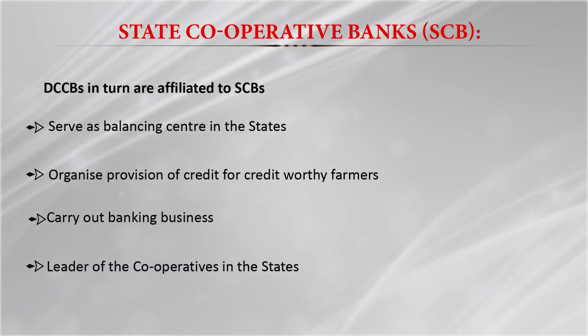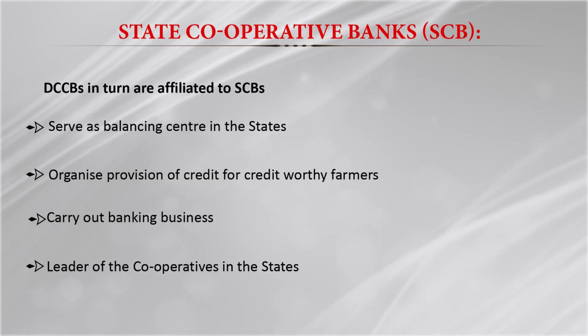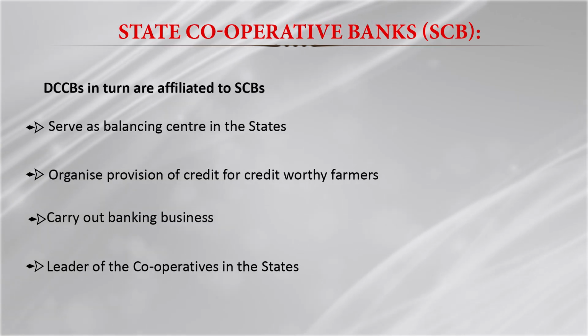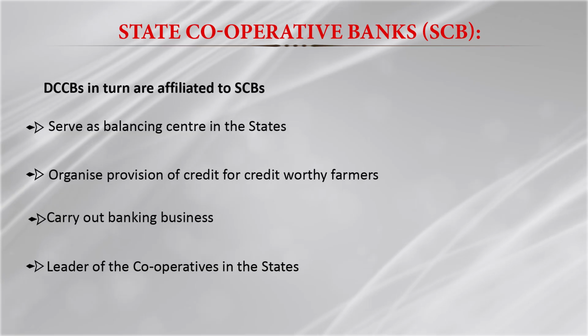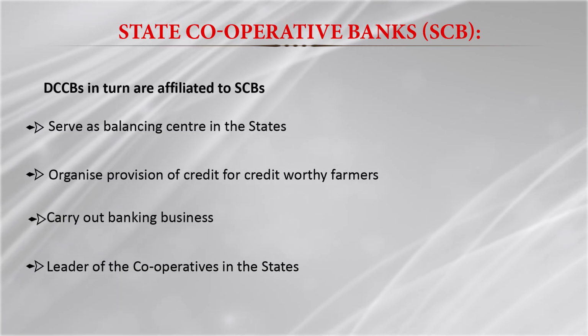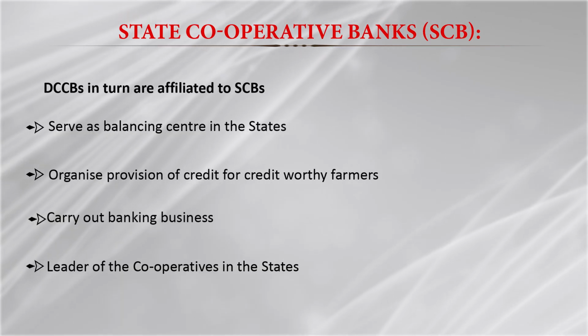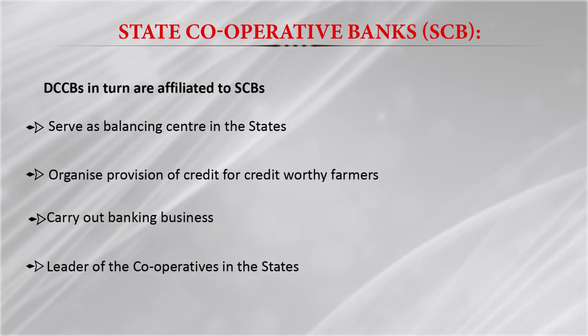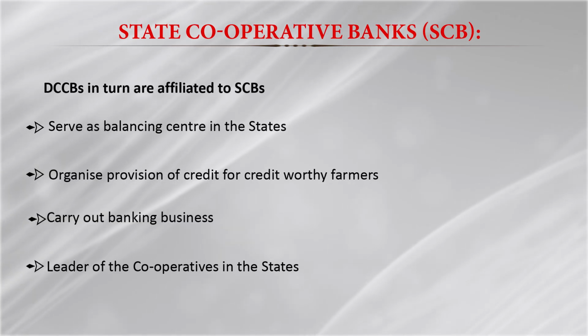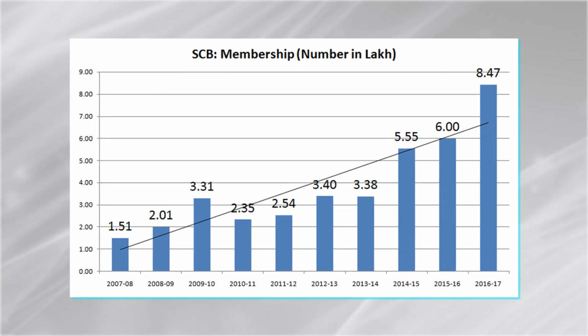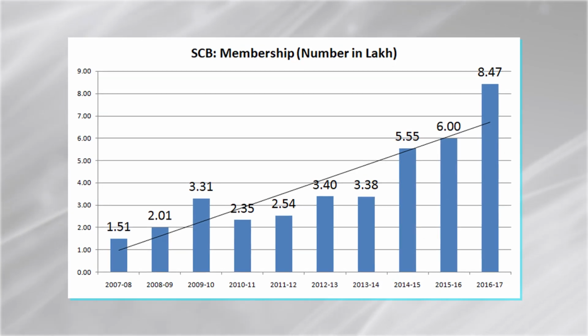So they play the apex role, and they monitor and arrange all types of things. They also help in developing the policies and the guidelines in the states for providing loans. And membership of the state cooperative bank is increasing over the period of time.